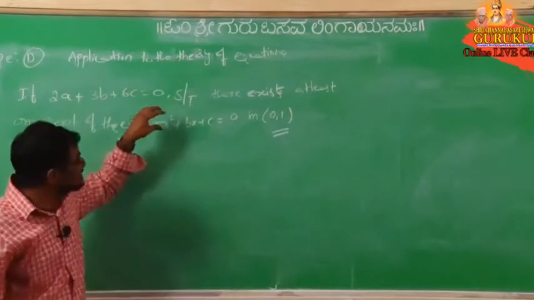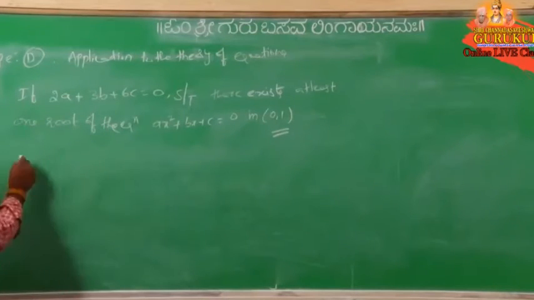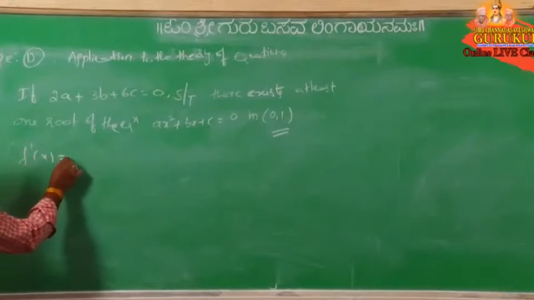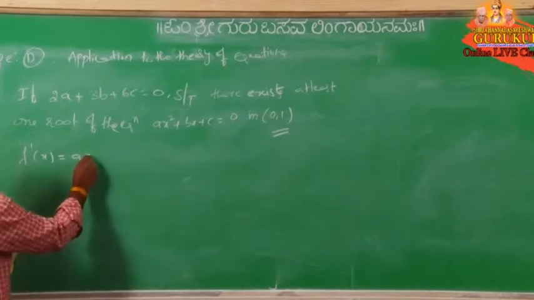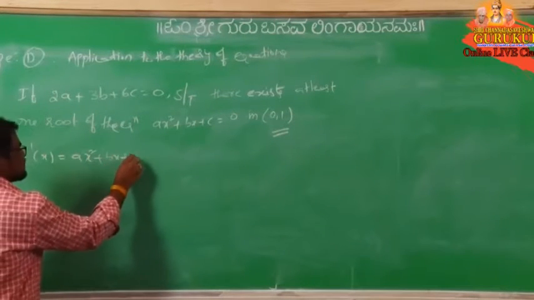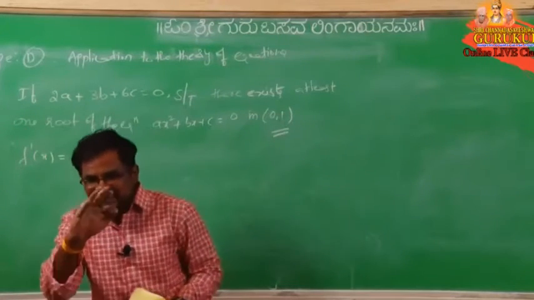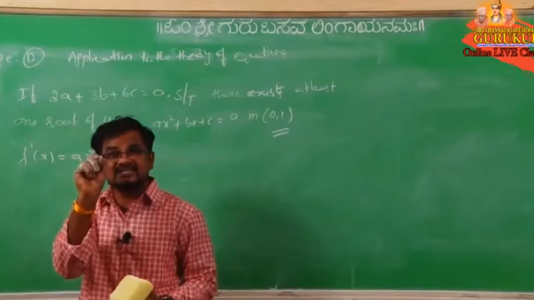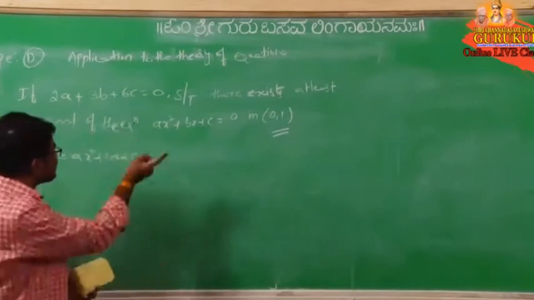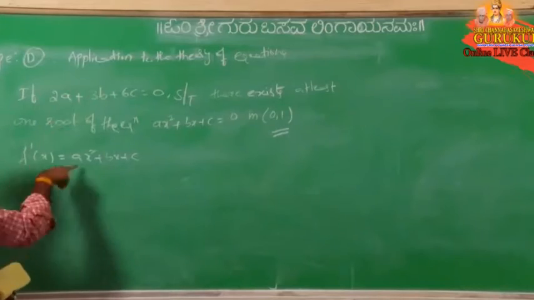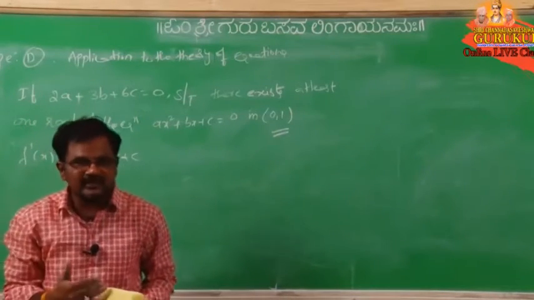So this one is f dash x: f dash x equal to ax square plus bx plus c, because our condition is that between any two roots of the equation, there exists at least one root of f dash x equal to 0. Means for this equation, at least one root, definitely this is f dash x. Now how to find f of x?